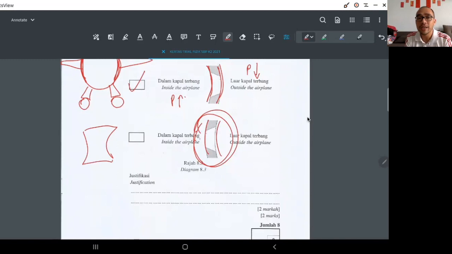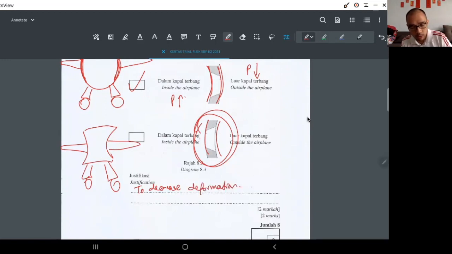Okay, because inside the pressure is higher than outside. And so when you make a shape like that, you decrease what we call deformation. To decrease deformation. Deformation means it changes shape. Okay, so to decrease deformation due to the difference in pressure.